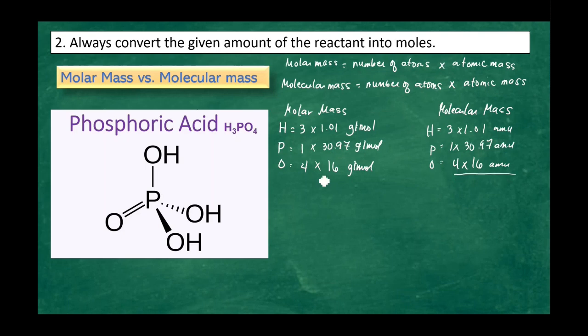When we add, we multiply first, then add. So 3 times 1.01 gives 3.03 for hydrogen, and we have 30.97 for phosphorus, and for oxygen we have 64. Grams per mole, and here grams per mole.